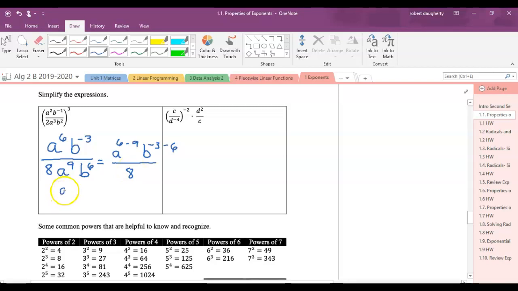Yeah, so this is a to the negative 3, b to the what? Negative 9 over 8. And what do I do to get rid of those negative exponents? Yeah, I move them from the numerator to the denominator. So this final answer is 1 over 8a cubed b ninth.